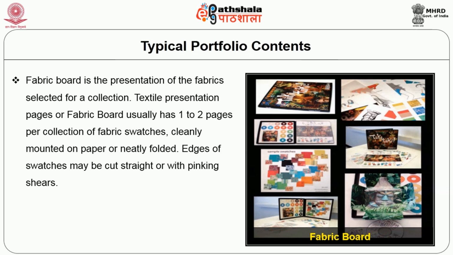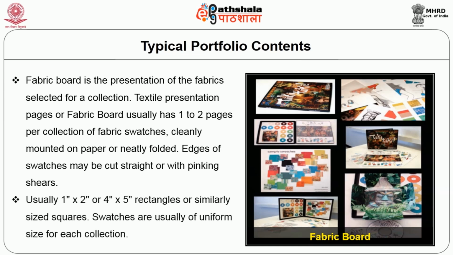Textile presentation pages or fabric boards usually have 1 or 2 pages per collection of fabric swatches cleanly mounted on paper and neatly folded. Edges of the swatches may be cut straight or with pinking shears. Usually 1 by 2 inch or 4 by 5 inch rectangles or similarly sized squares are taken.